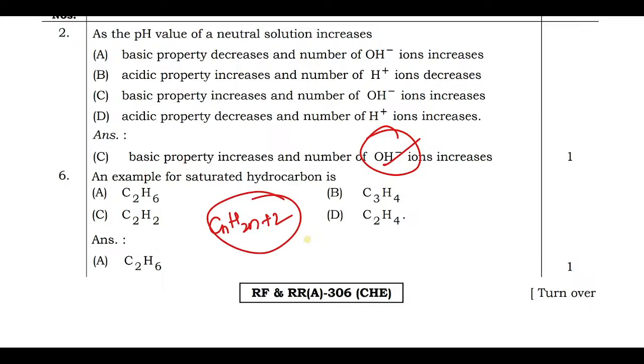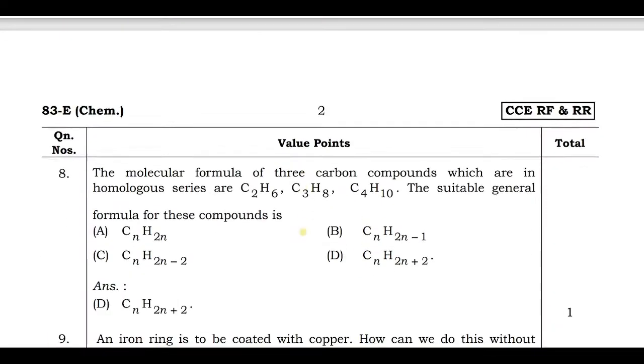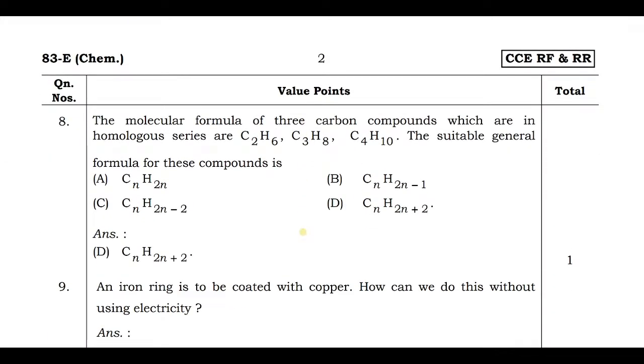C2H6 is ethane, therefore it belongs to saturated hydrocarbons. The molecular formulas of compounds in a homologous series are C2H6, C3H8, C4H10. So, it is of the form CnH2n+2. Therefore, the correct answer is option D.